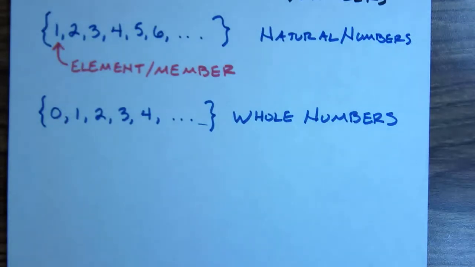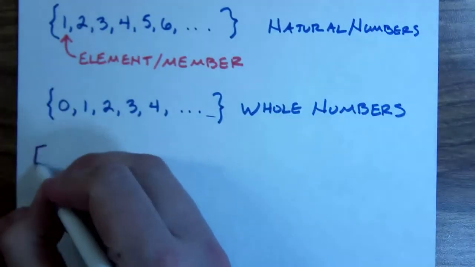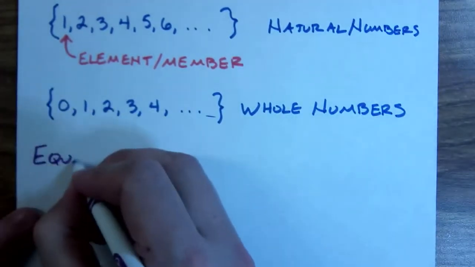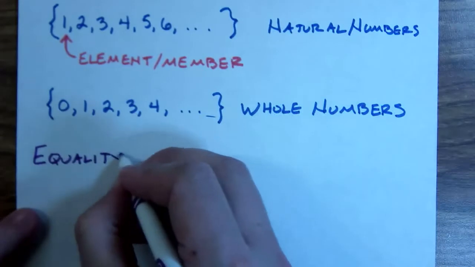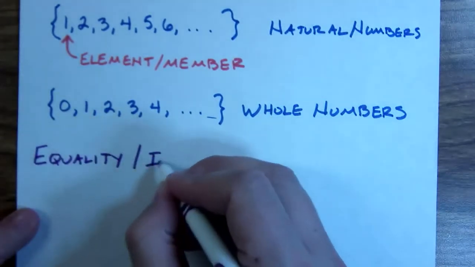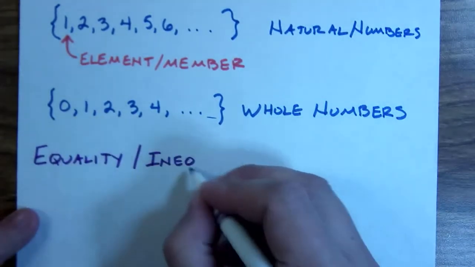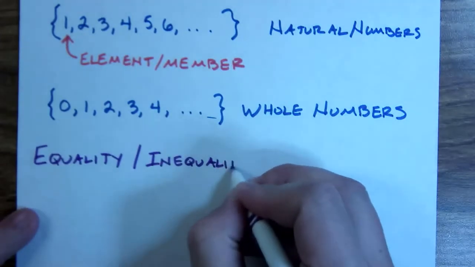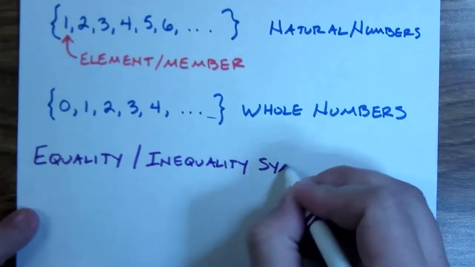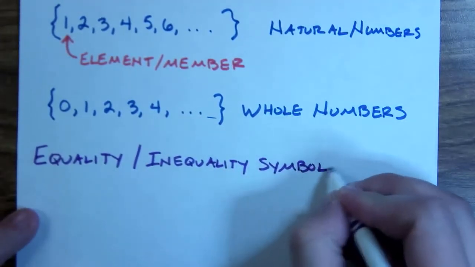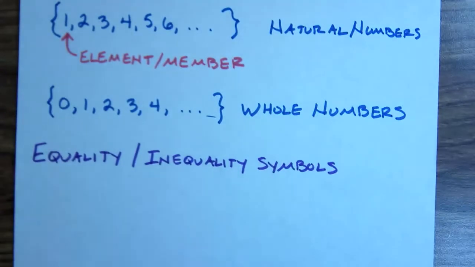Okay, so we're going to start off with these two sets, and we're going to add in a handful of symbols here. The symbols that I'm going to list for you are called equality or inequality symbols. And I bet you know one of them.